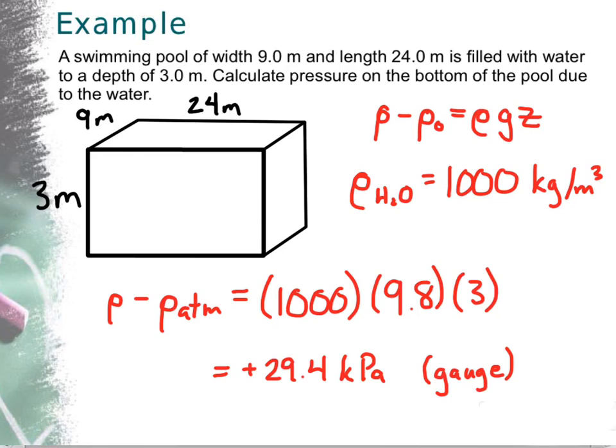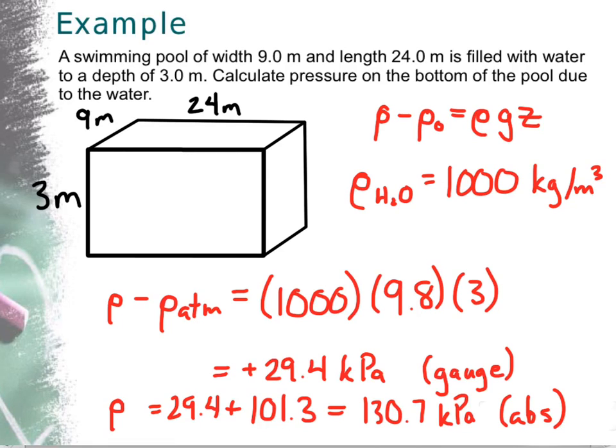So in that particular case, as long as I specify whether I'm calculating gauge or absolute pressure, you should be able to get full credit for that. I shouldn't have to dock you points for that. But if we needed to calculate absolute pressures, we would just add the atmospheric pressure to it, and we would get 130.7 kilopascals as the absolute pressure.